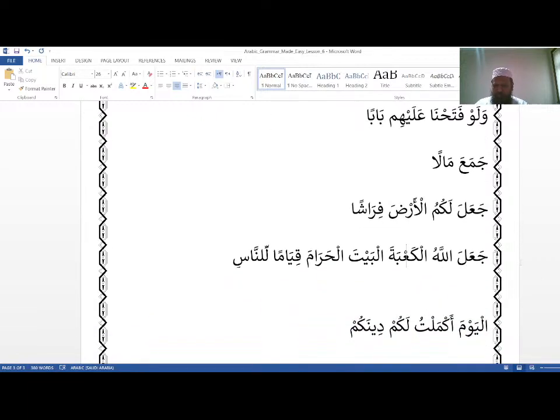Okay. Last one, as we've said, maf'ul can come before the fail. Here we have a 4-letter word fail. I was trying to find any 3-letter verb that maf'ul comes before it. I couldn't find it. This is the famous ayah.